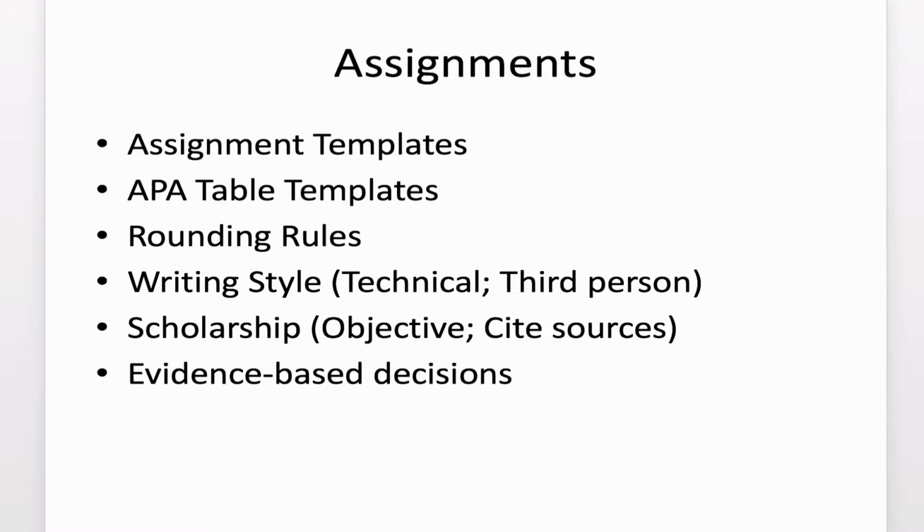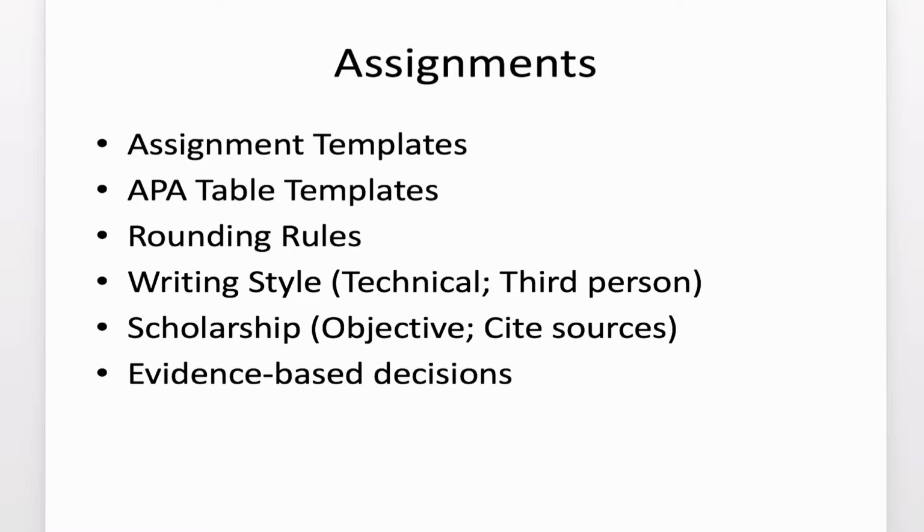Also, if the raw data are, let's say, at 1 decimal point, then at most you would want to use 2 decimal points. If you use more than that, then your outcomes are beyond the precision of the measurement instrument. So there are some very standard rules, and I expect everybody to use that rounding rules document. Once you get the hang of it, you don't need to refer to it.